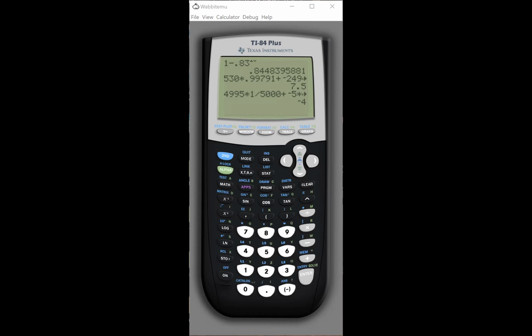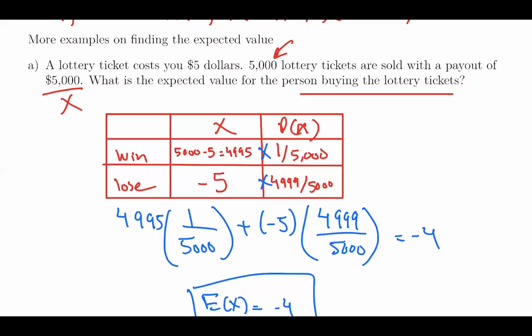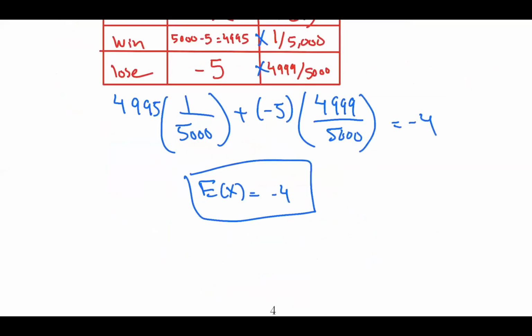All right, so let me go back to this. I get the expected value is equal to -4. So you're saying, hey, you're not going to be playing this lottery just one time.